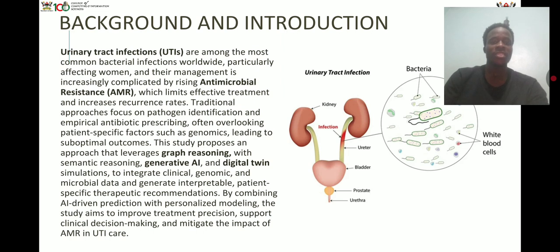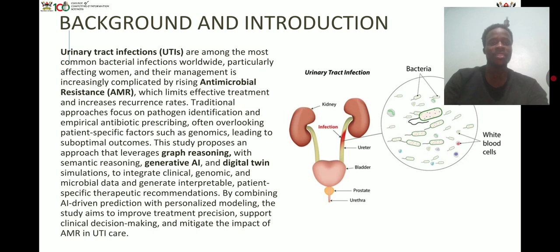Our next keyword is generative AI. One of the examples of generative AI are GPTs, which are types of large language models that help to give reasoning and information to the user or the client based on what type of information they have been trained on.